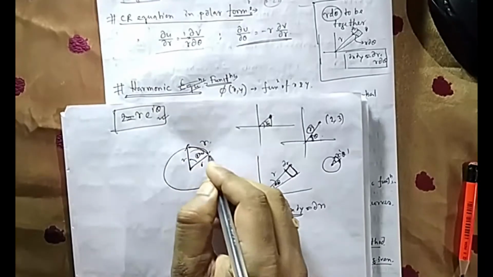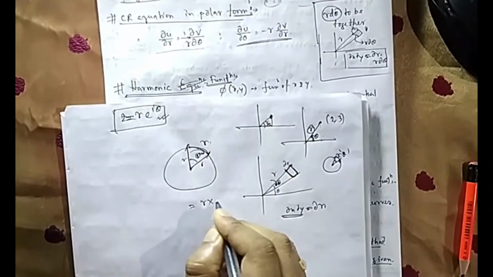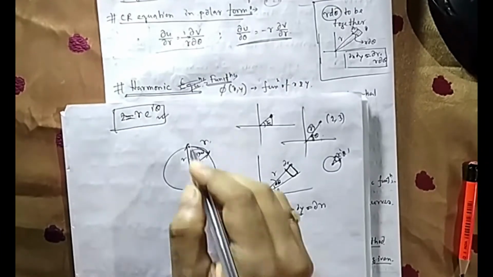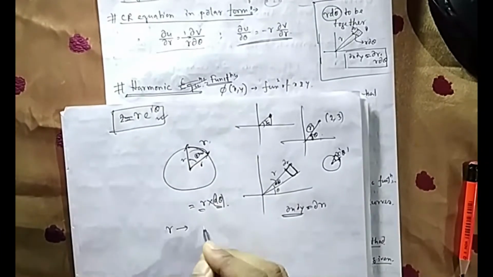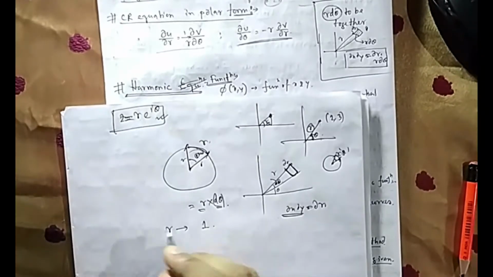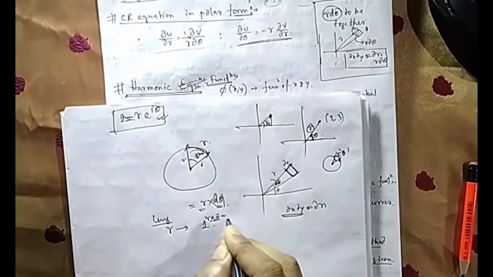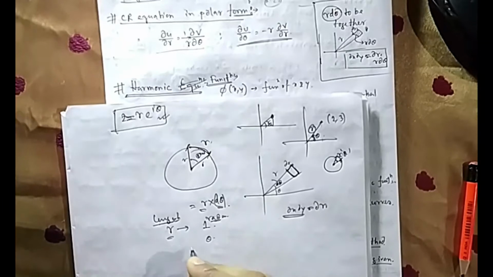So how to find the length of an arc? Length of arc is always r into theta. If the angle is 1 radian, then the length of arc is r. So if it is theta radian, then the length will be r into theta. So you recall this one.